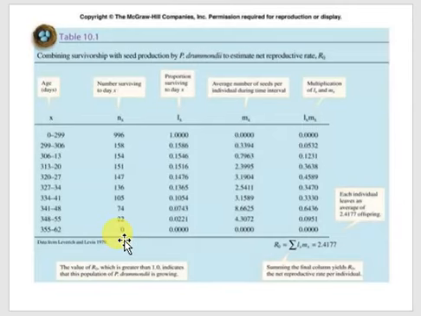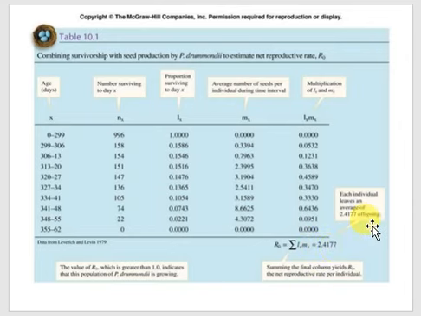So if we use that information, you generate the sum of these products, and that gives you an RO value, or your net reproductive rate, of 2.4177.